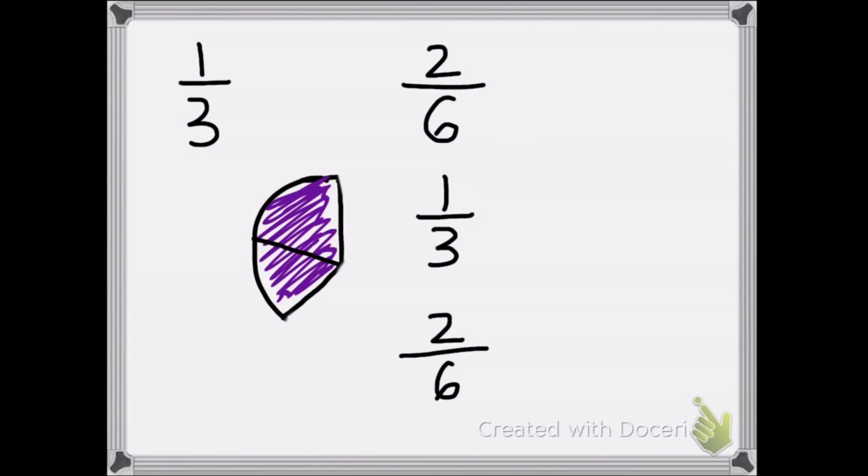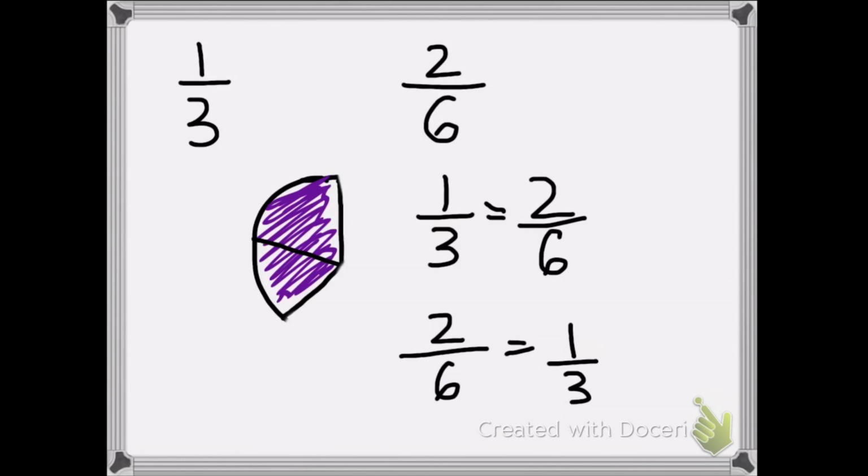If you go check out our simplifying fractions video, you will see that 2 by 6 can be simplified to 1 by 3. But 1 by 3 can't be simplified, but it can be equivalent to something. 1 by 3 is equivalent to 2 by 6, which means it's equal to the amount of 2 by 6. Let me explain. 3 times 2 is 6, right?